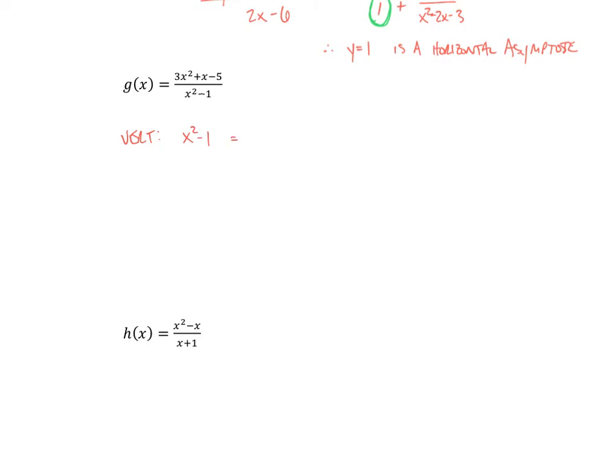And x squared minus 1, if you use difference of squares, or double bubble, factors to x plus 1 and x minus 1. So what that means is that x equals -1 and x equals 1 are vertical asymptotes.